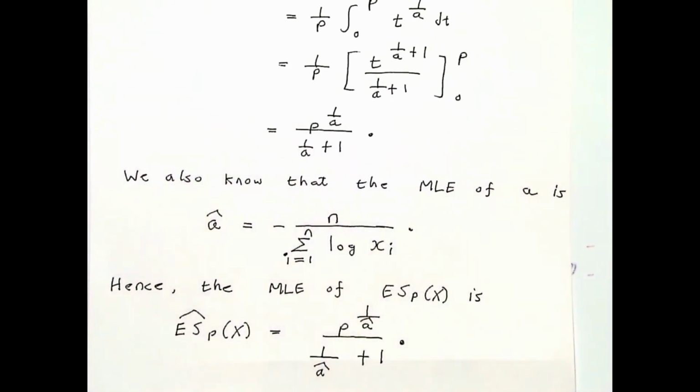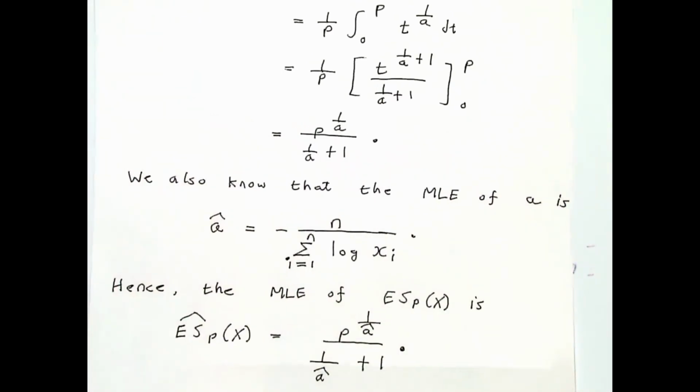Alright, so this completes method number 3. Now, the fourth and the final method is the Weibull distribution method. So this is number 4.